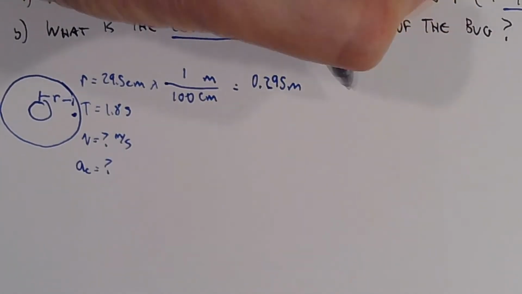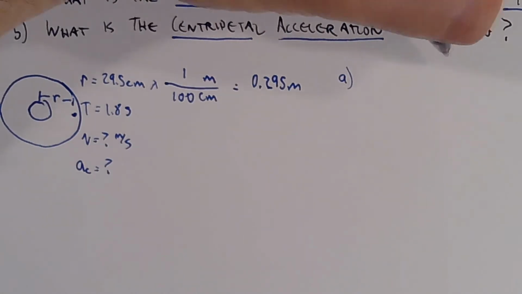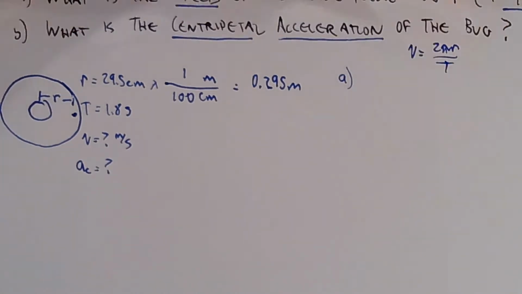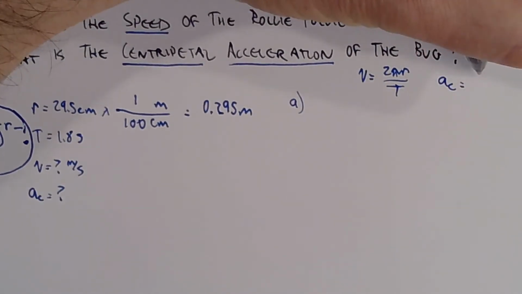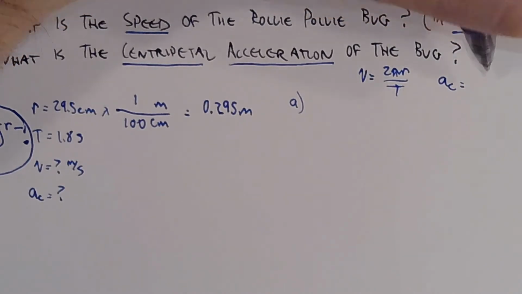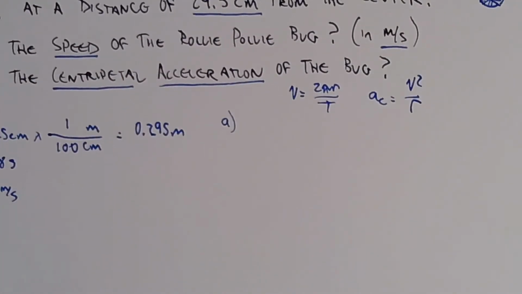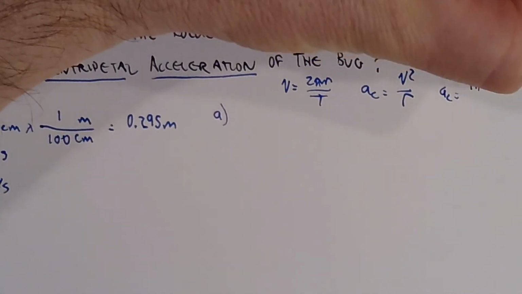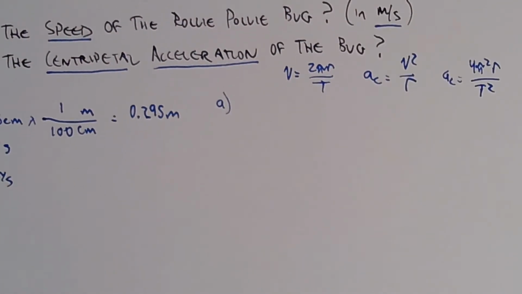So in my estimation, if we take a look at our equations, we have V equals 2 pi R over T. We have a_c equals V squared over R. And we have a variant of that, a_c equals 4 pi squared R over T squared. So those are our equations to pick from.